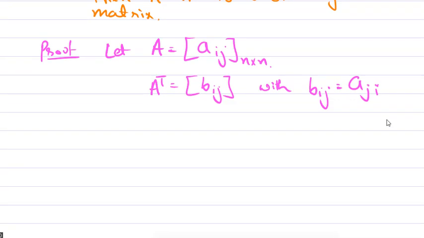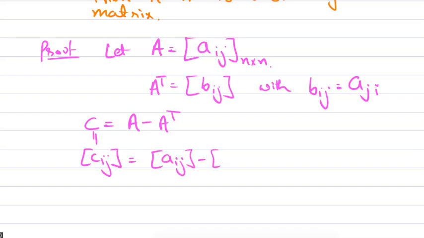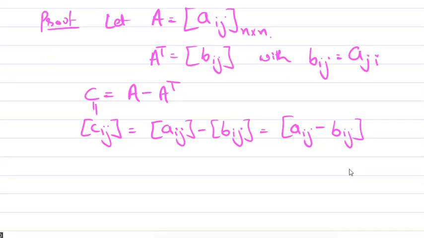Now we take C being A minus A transpose, but by C we mean Cij, and this is nothing but Aij minus Bij. That is how we do matrix subtraction.